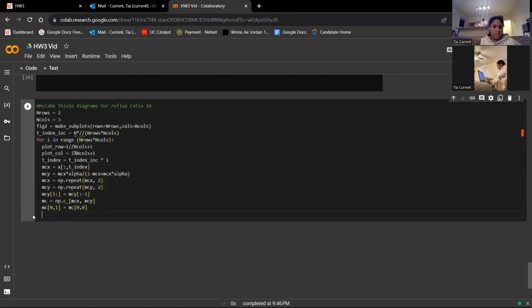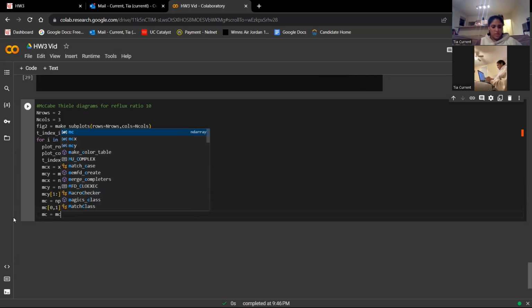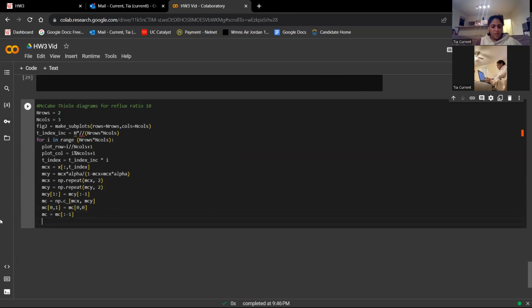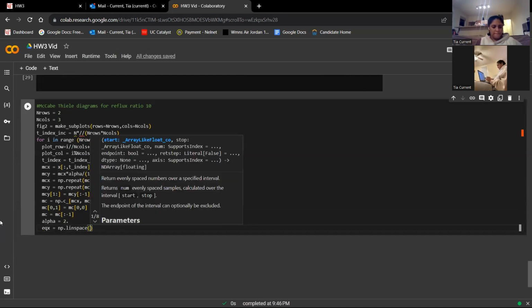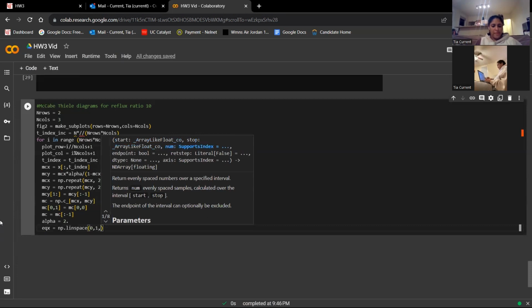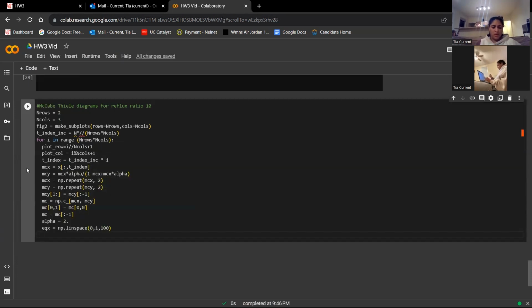And then let's see, NC -1. Alpha goes to np.linspace 0, 1, 100. And then EQY is equal to alpha times EX divided by 1 plus (alpha minus 1) times EX.